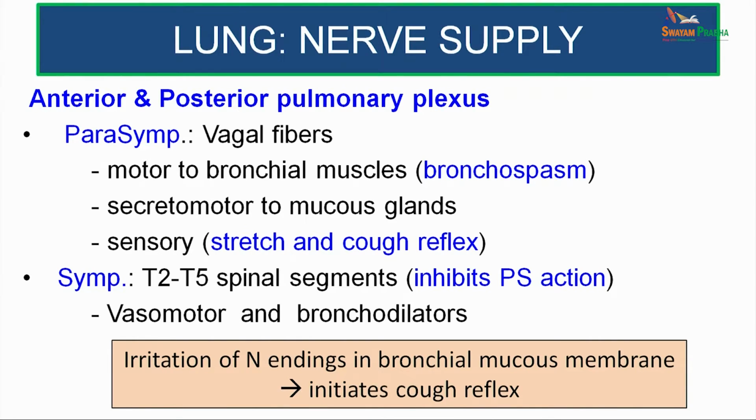Coming to talk of the nerve supply, the lungs are supplied by the anterior and posterior pulmonary plexus, which is formed mainly of the parasympathetic and sympathetic system. The parasympathetic fibers come in through the vagus, which are motor to the bronchial muscles.